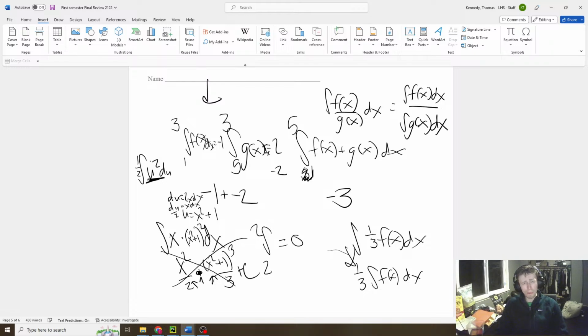This is not a property. This is hot garbage. Like the stinky kind. That is not a real property. So that's my warning there: you need to know what the rules are to identify that it's an integral rules question, and you also need to know what the integral rules aren't to identify when you're not going to use them.